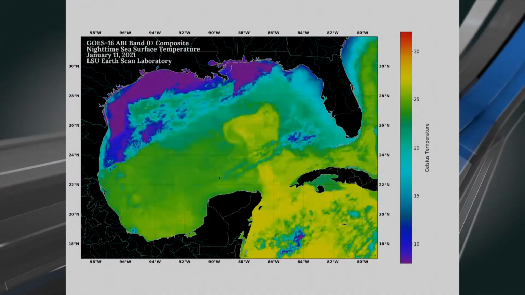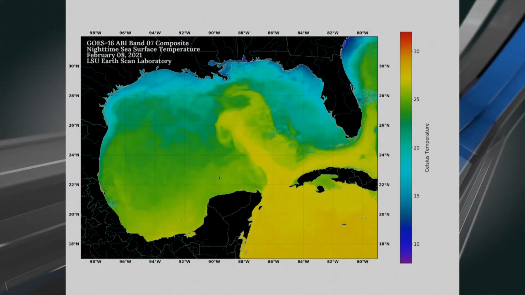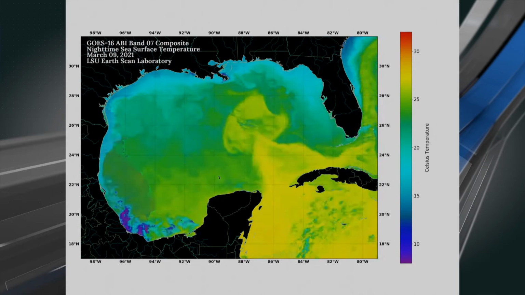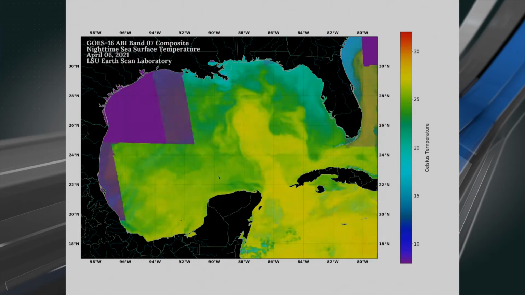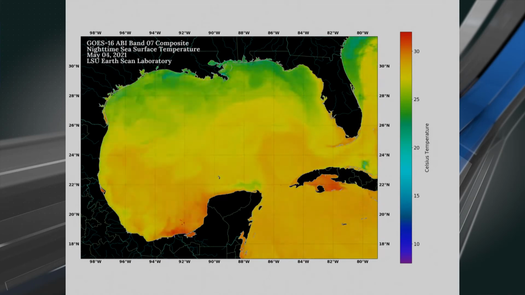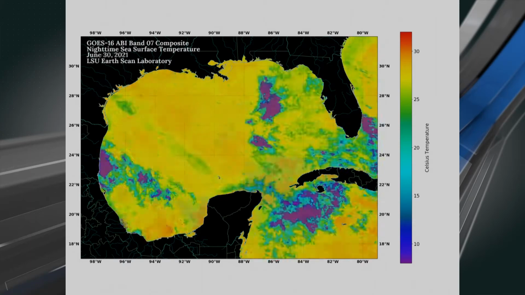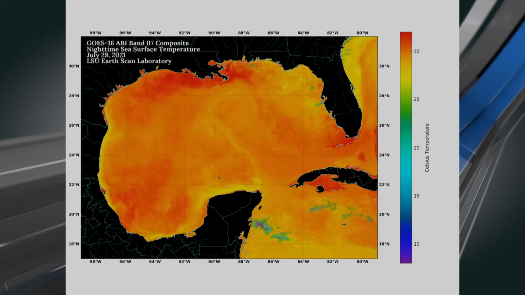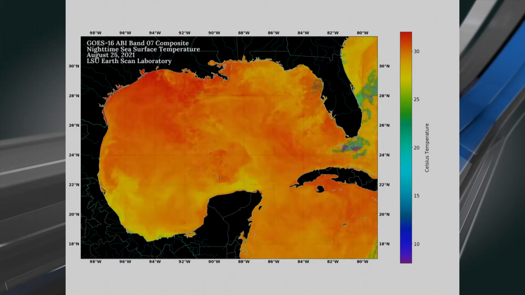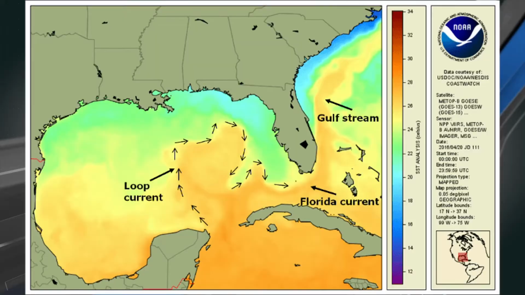Okay, the loop current is a very warm and deep water flow which enters the Gulf of Mexico through the Yucatan Channel. So it's water that's been heated in the equatorial regions, crossing the Atlantic Ocean. And so it enters through the Yucatan Channel. It flows northwards, and somewhere in the middle of the Gulf or closer to the coast, it loops back towards the south and the southeast and becomes the Florida current in the Florida Straits.